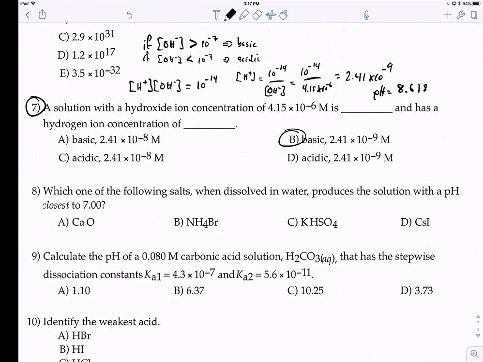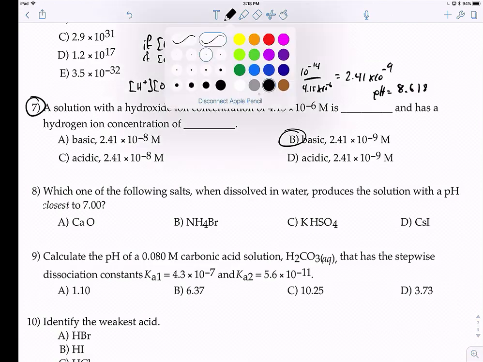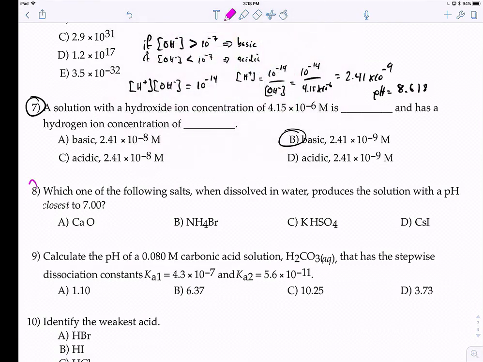Oh yes, the one that made a student cry. Which one of the following salts, when dissolved in water, produces the solution with a pH closest to 7? For this one, you look for a strong acid plus a strong base. And you have two choices that fit this.